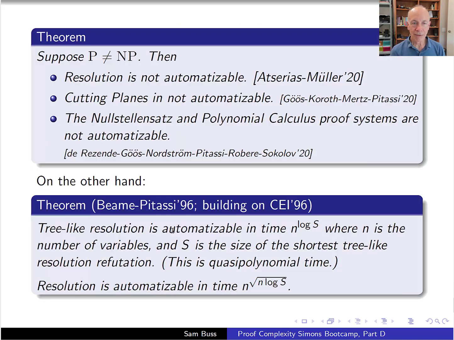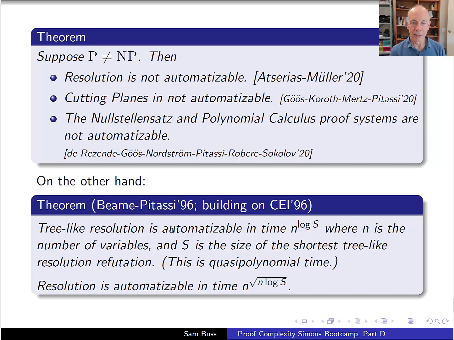And then finally, there have been some very striking recent results just in the past couple of years under the assumption that P is not equal to NP. First of all, Alekhnovich and Razborov showed that if you assume P not equal to NP, it follows that resolution is not automatizable. So there's no way to search for polynomial length optimal resolution refutations unless P equals NP.